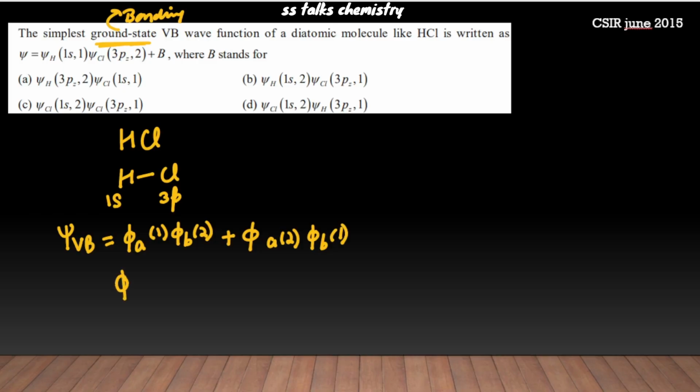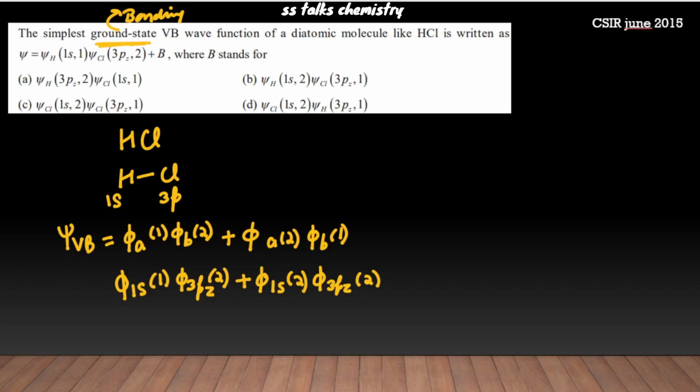So it will be phi of the 1s orbital of the hydrogen atom containing the first electron, and the 3pz orbital of the chlorine containing the second electron, plus phi of the 1s orbital of the hydrogen containing the second one, and the 3pz of the chlorine atom containing the first electron. And like this we will be writing it.